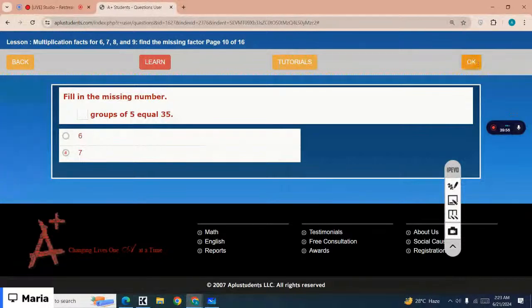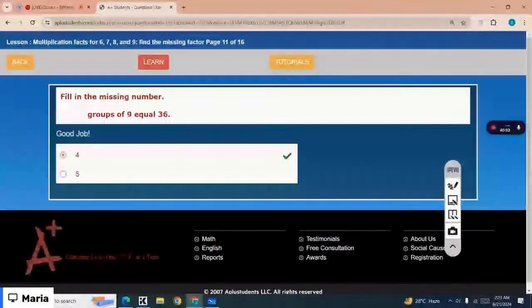That means 7 times 5 is 35. Four groups equals 36. So 4 times 9 is 36.